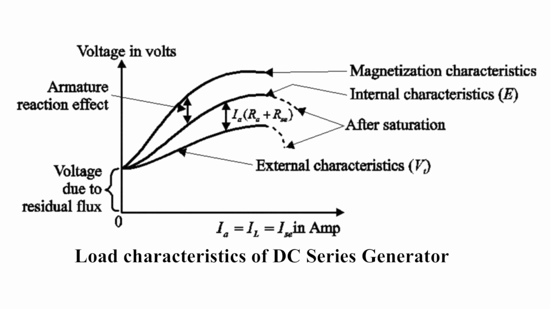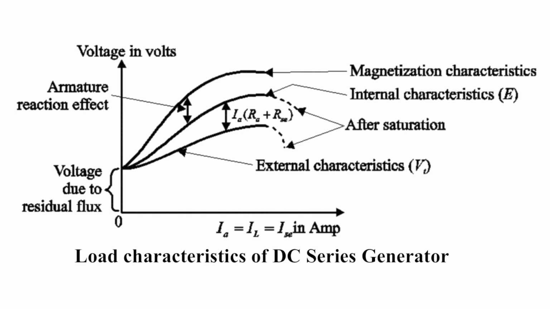Since the flux phi is directly proportional to the current Isc, as the load current increases, flux also increases, and the induced EMF E is proportional to flux, hence induced EMF also increases. Thus, the characteristic of E against I, that is the internal characteristic, is of increasing nature.